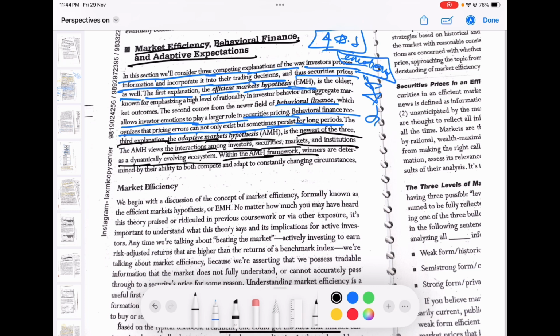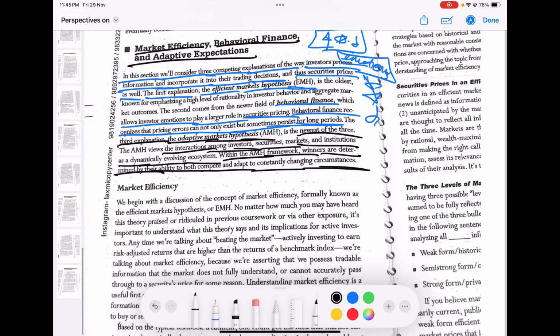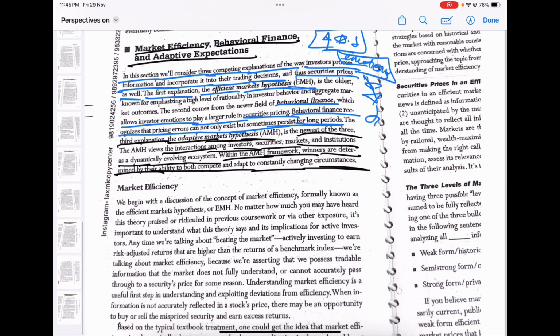Within the AMH framework, winners are determined by their ability to both compete and adapt to constantly changing circumstances. The AMH basically thinks that the people who are trading in the market, the big investors, FIIs, DIIs, retail investors, everyone, their way of investing and trading is going to be evolving, updating and changing according to the time.